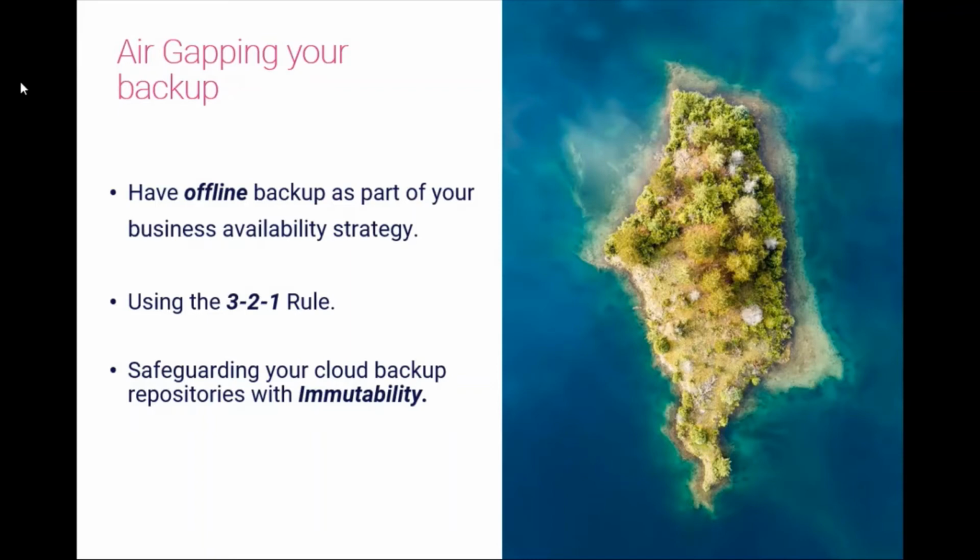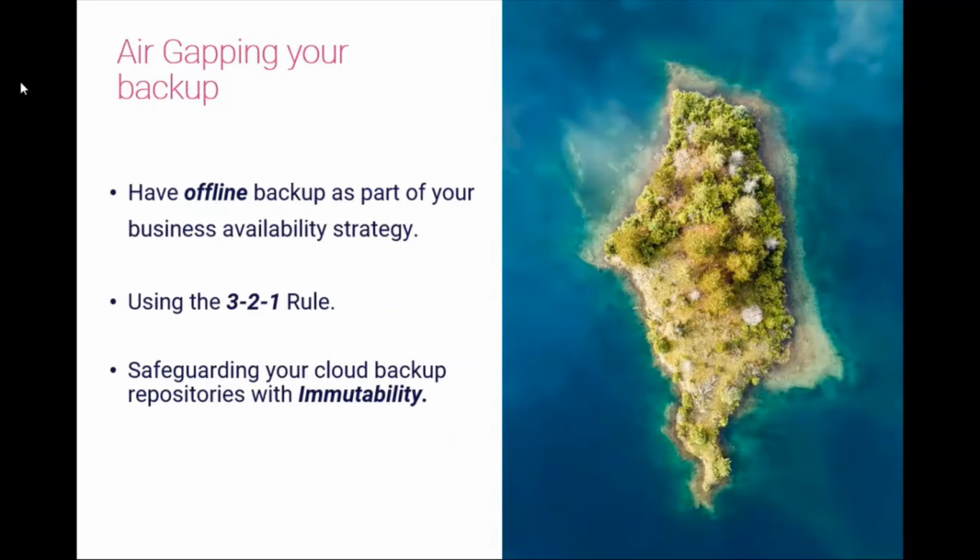And a good way to deploy this offline backup strategy is to follow a simple yet powerful rule, which we call 3-2-1. This is based on the best practices in the industry. It mainly says that at any given point in time you need to have at least 3 copies of your critical information or critical data: the primary data, maybe a local backup copy, and then a second copy that you can keep air-gapped, offline, offsite.